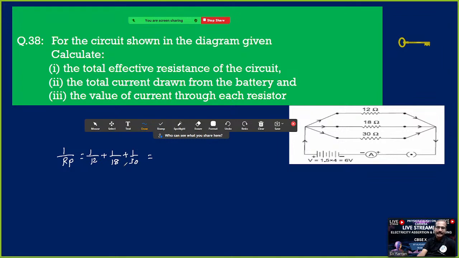We have to take the LCM. From the LCM we can get the Rp value. And current drawn from the battery, I is equal to V by R. So V value 6 volts by R value, the total resultant resistance in parallel, we can substitute.